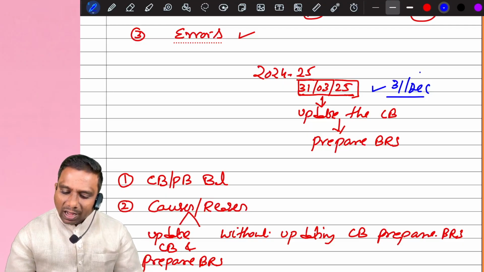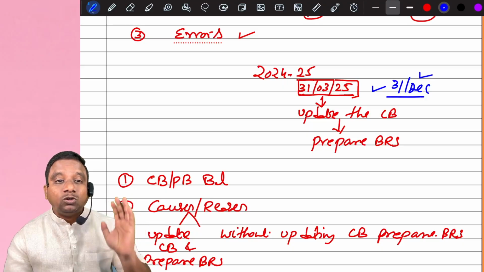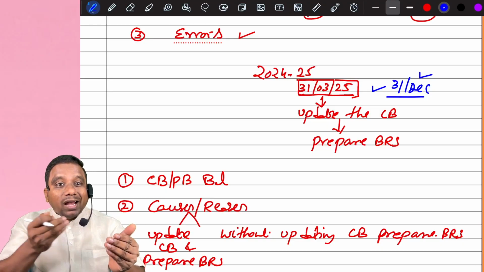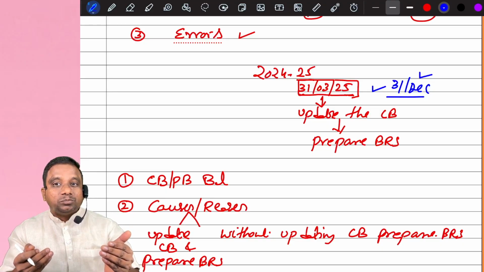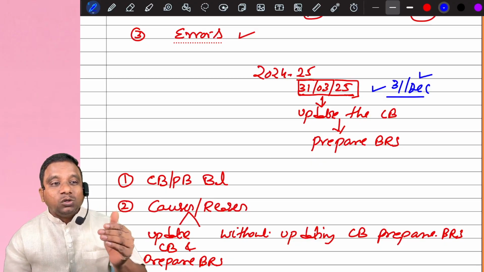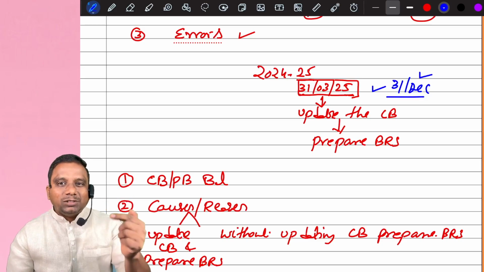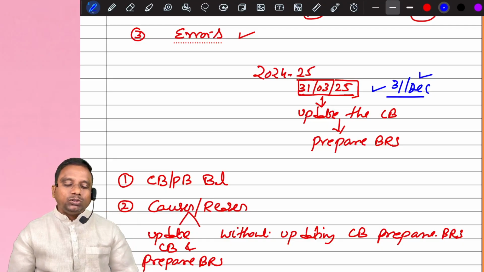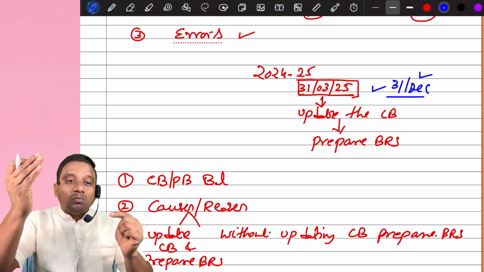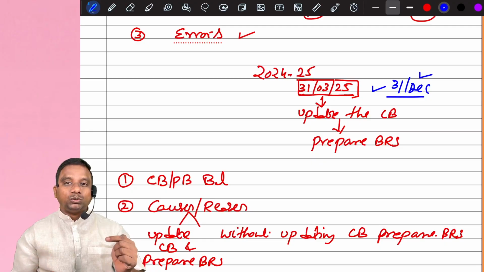Assume that as on the given date, if the books of accounts are closed, then you can update the cash book and then prepare BRS. After updating the cash book, the number of causes gets reduced. Before updating the cash book, the number of causes is more.